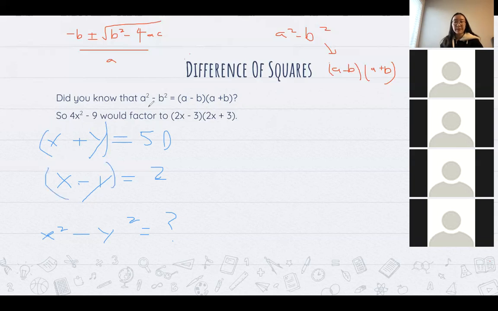And remember up here where it says if you do a minus b times a plus b, you get a squared minus b squared. Well, this is the same thing, just different variables, x plus y times x minus y. And since x plus y equals 50 and x minus y equals 2, we can just multiply them together.